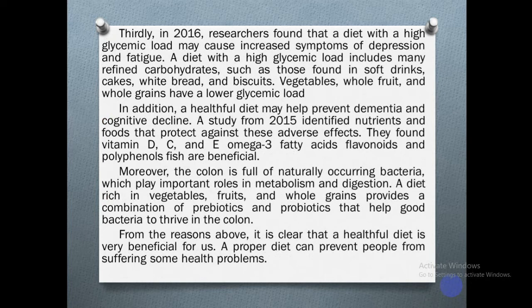Here are the verbs. Once again, we find some past form verbs such as found and identified, because they are data taken from the past, so the verb should also be in the form of a past verb.